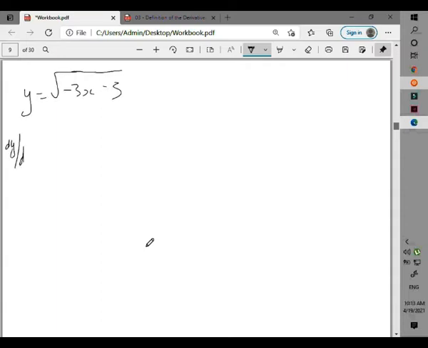dy upon dx is equal to, since it's y, I'm going to use the limit as delta x approaches 0. I'm going to write the first line only, because I don't want to jump into the next step. It's f of x plus delta x minus f of x.